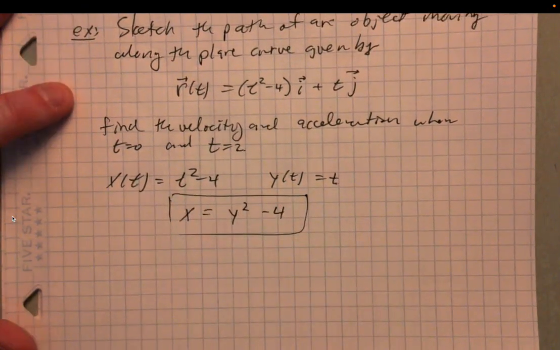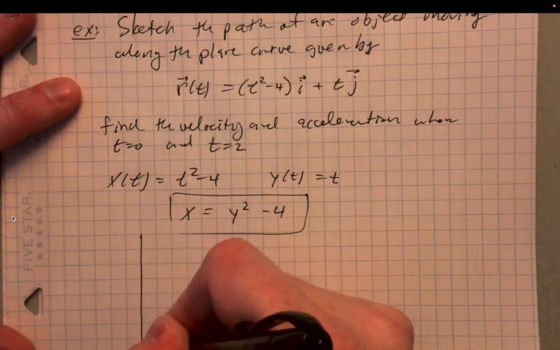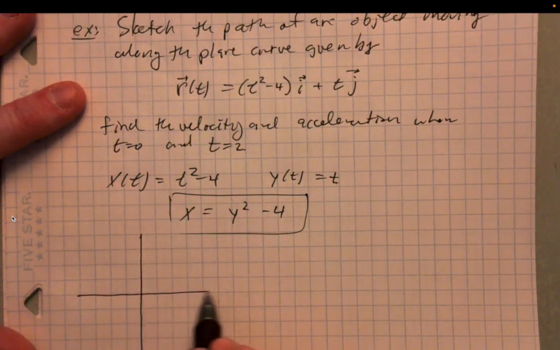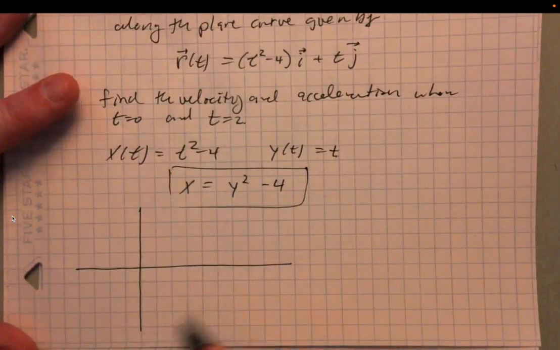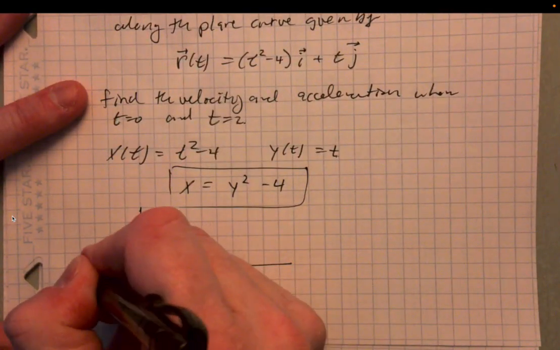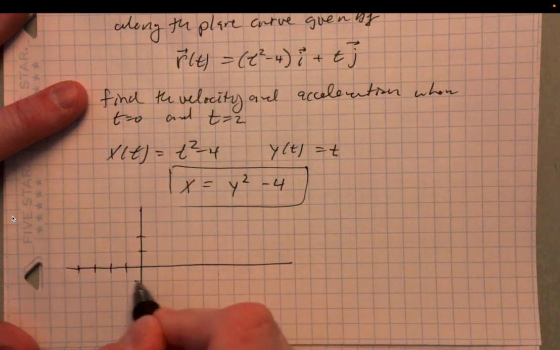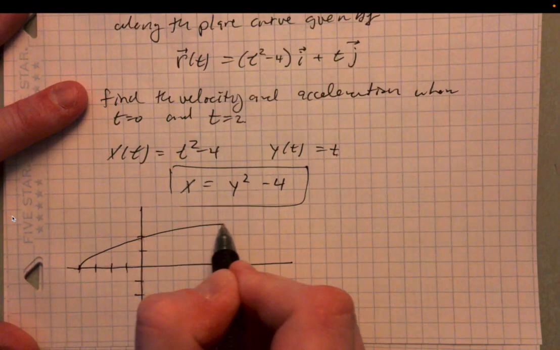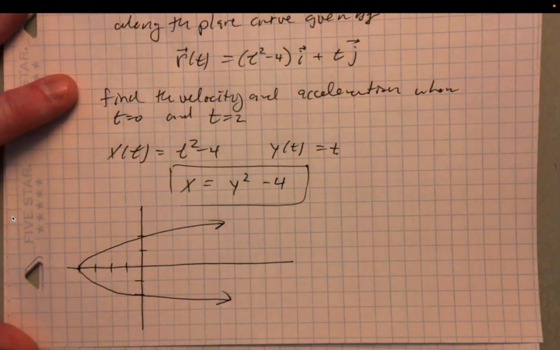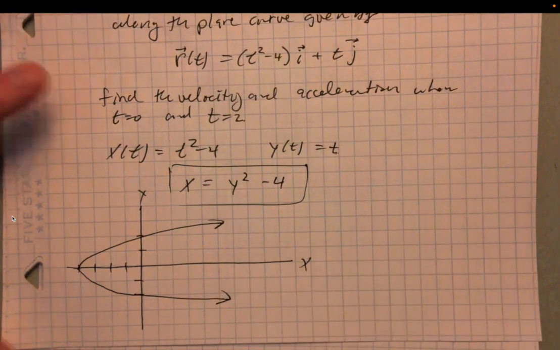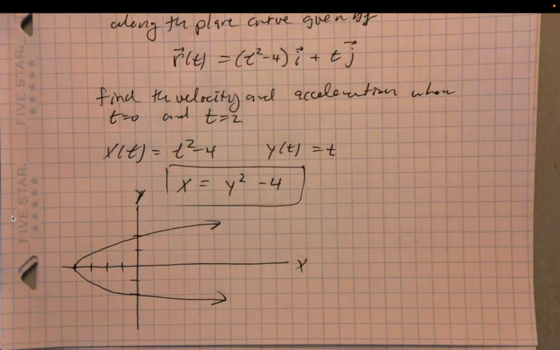So this is going to be basically like a parabola, except x is a function of y here, so it's going in a direction we're not used to, but we can draw it very easily. It kind of looks like this. This is the y-axis and the x-axis. So that's basically the sketch, right?